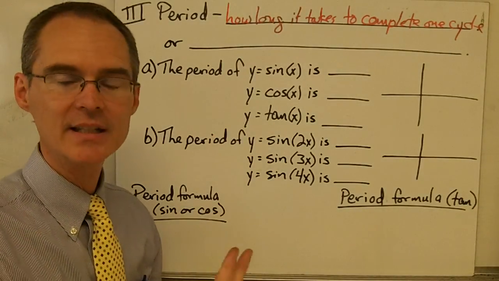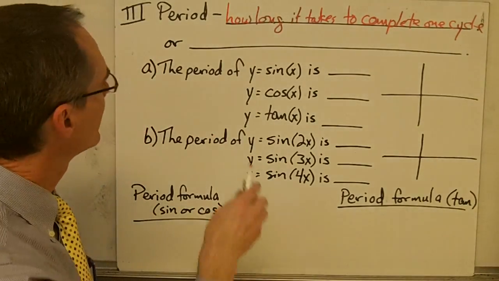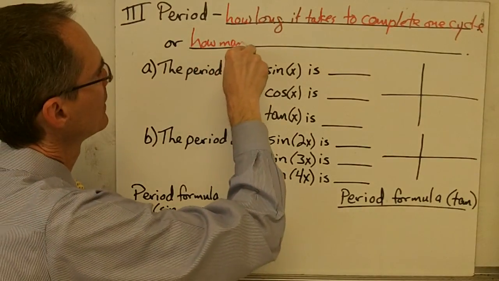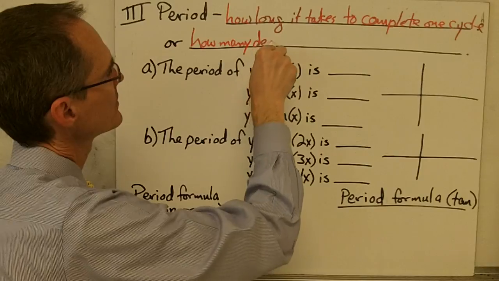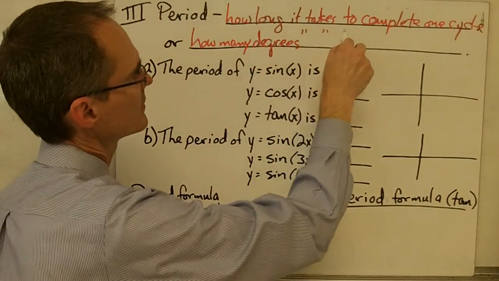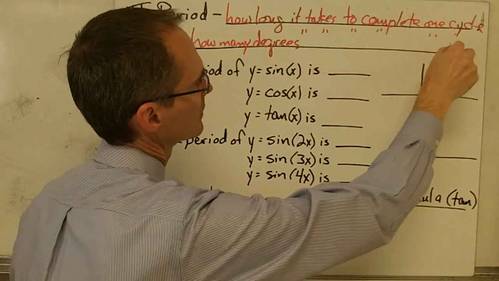Or more specifically, at least for the types of functions that we're going to be looking at, we could say it's how many degrees it takes to complete one cycle.